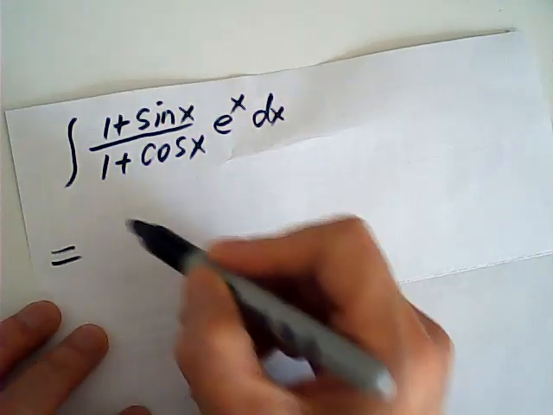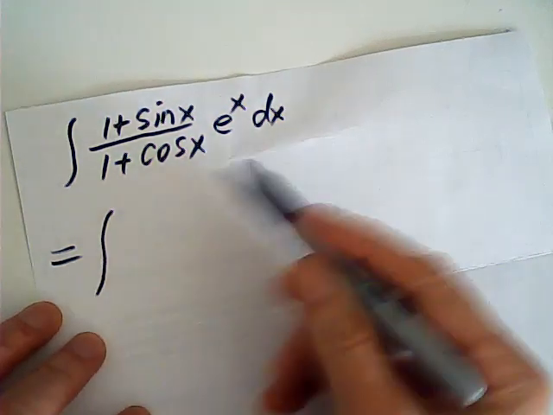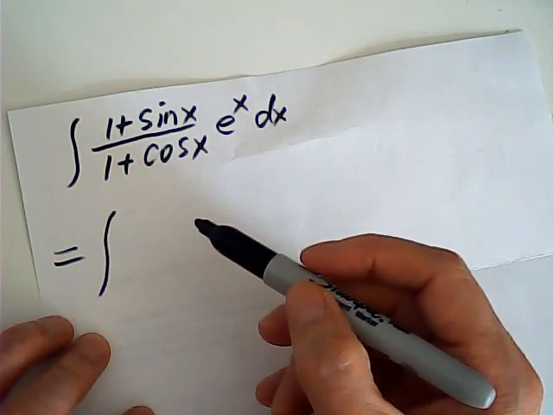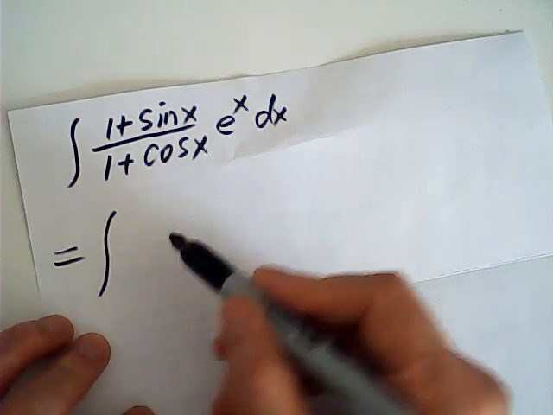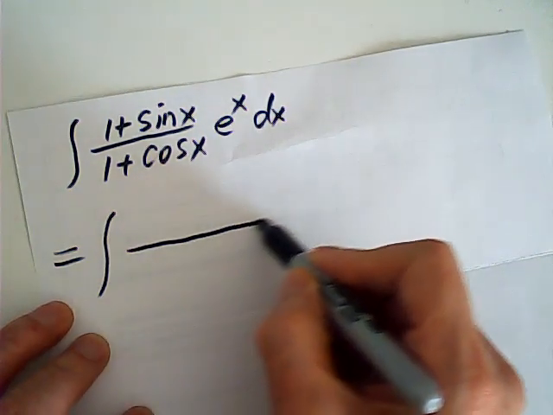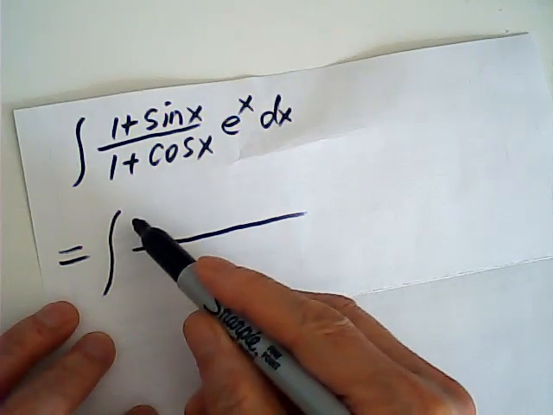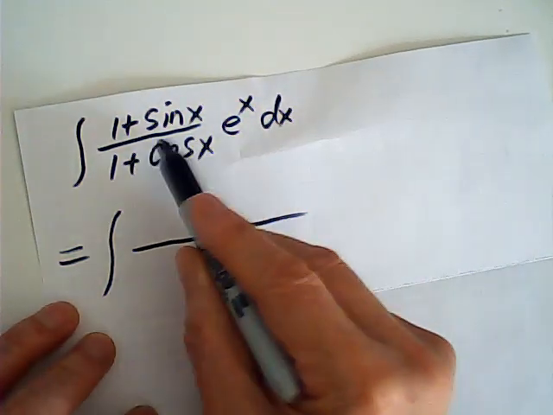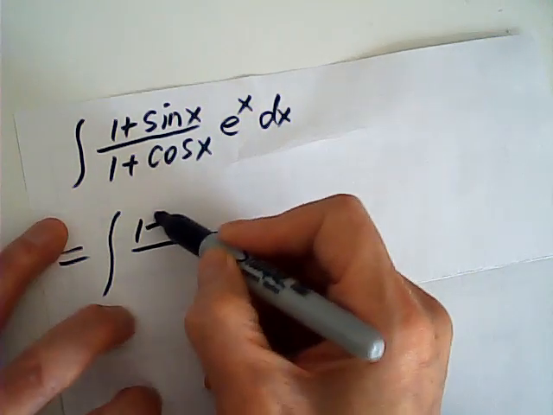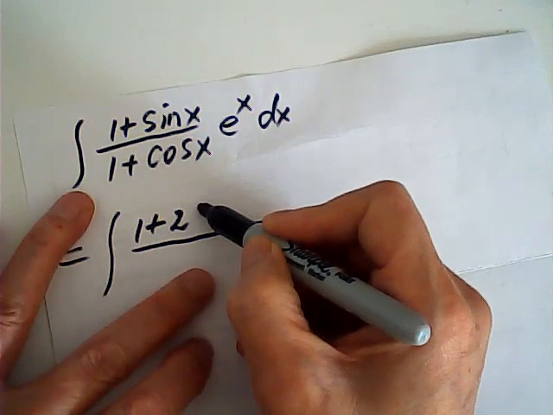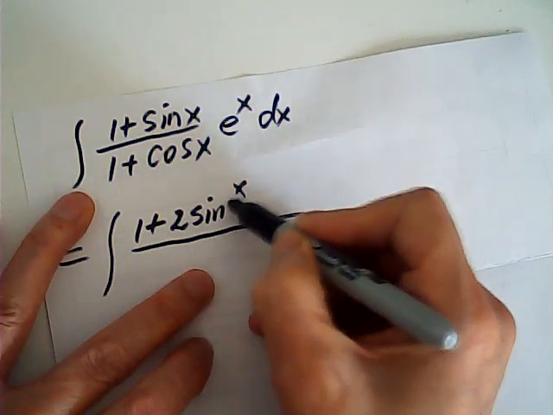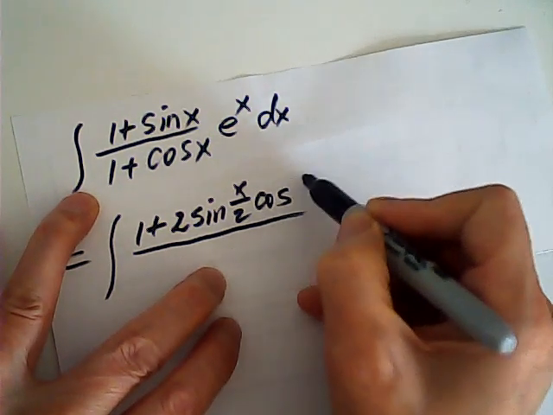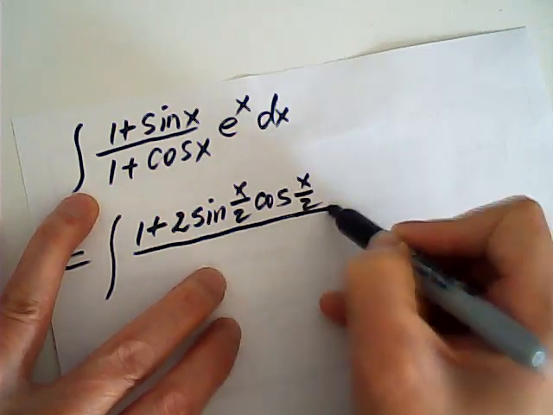So this one I'm using the double angle formula. The numerator is equal to 1 plus 2 sine half x cosine half x.